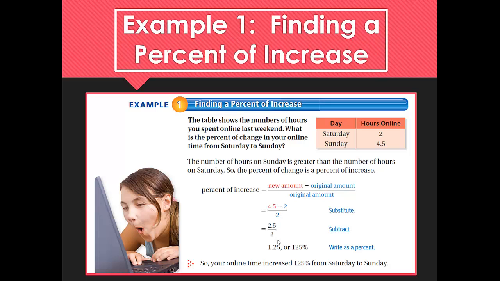Then you would divide that by 2, and you would get 1 25/100. Now we can convert that to a percent by moving our decimal 2 places to the right, which would be 125%. So your online time increased 125% from Saturday to Sunday.